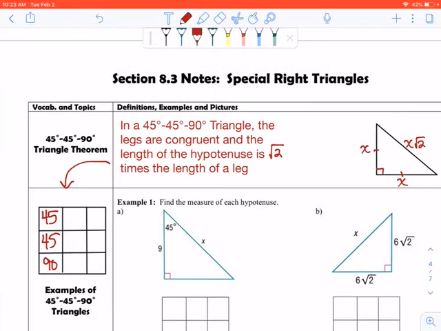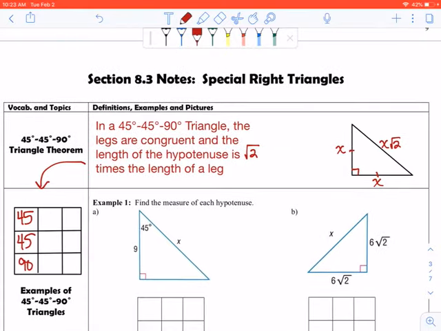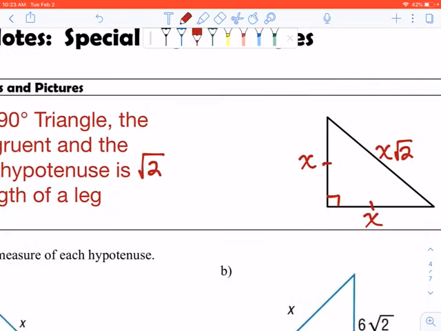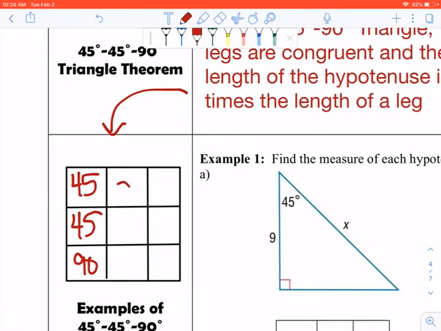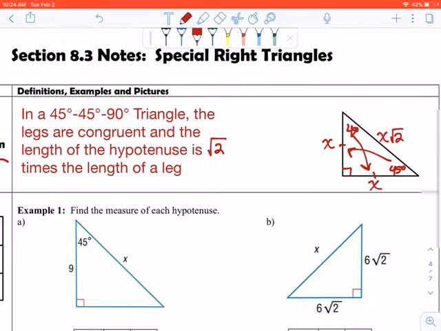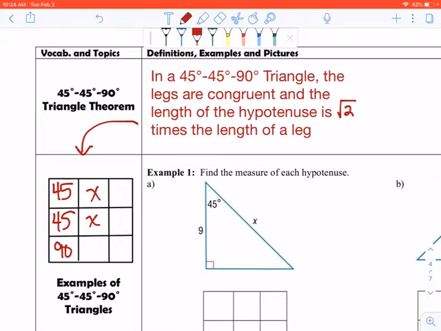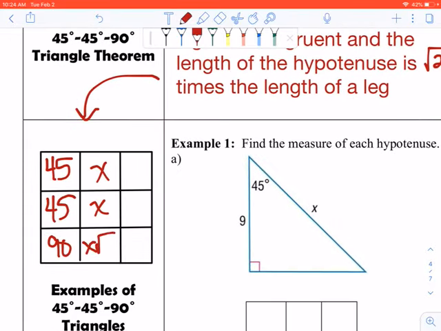And so if you look at the triangle over here, my 2 angles are 45 degrees, and I have my 90-degree angle, and the sides across from the 45-degree angles are my x's, so I'm going to put that in the second column. So x, x, and then across from 90 is x root 2. So I'm going to put in just x root 2.